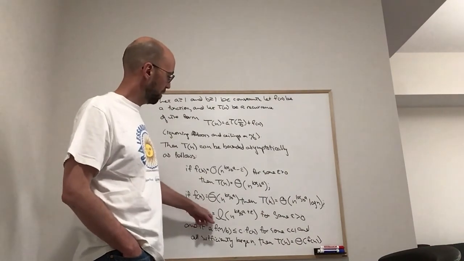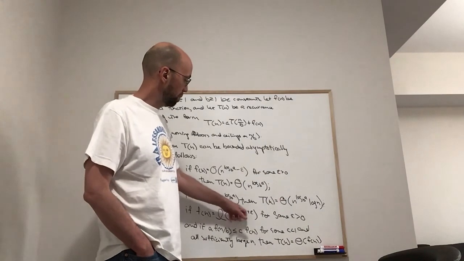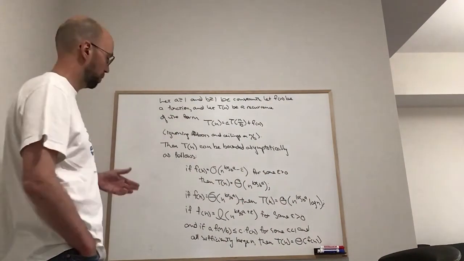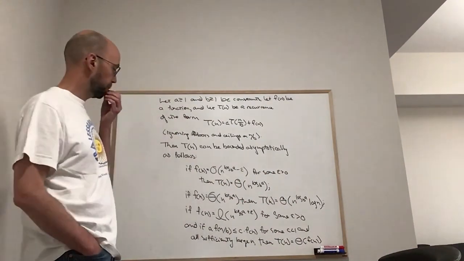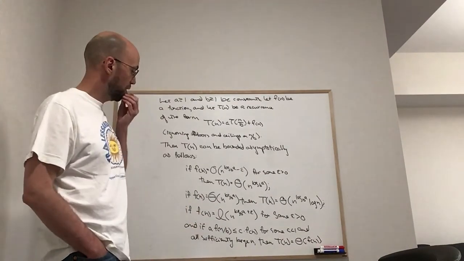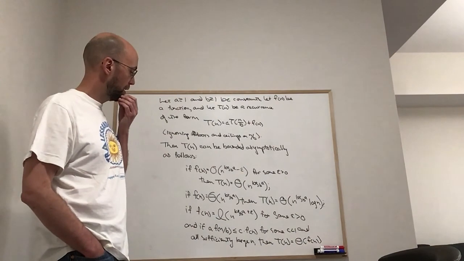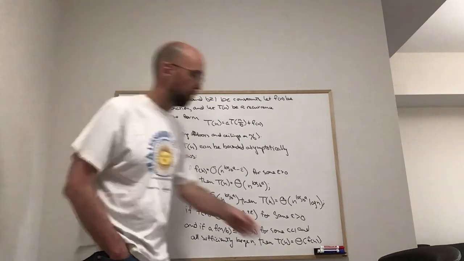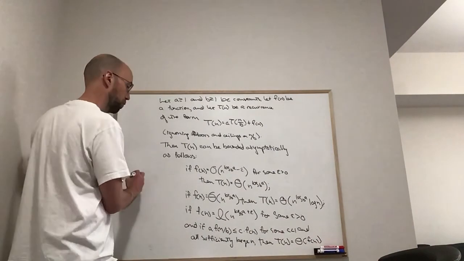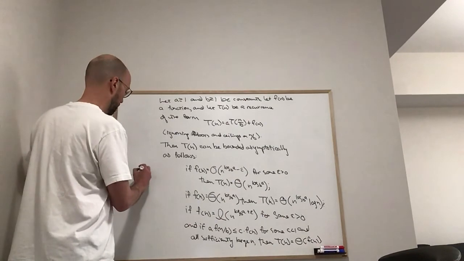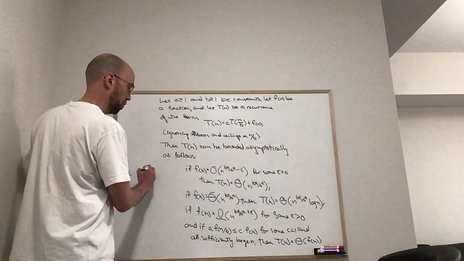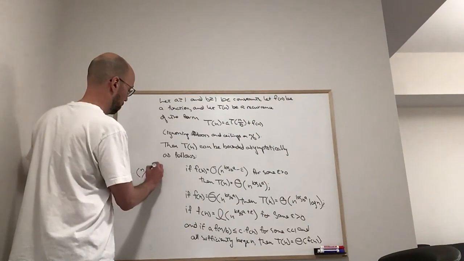f of n equals n squared is in n to the 1 plus epsilon for some positive constant epsilon, and then you have 2 times f of n over 2. So you have 2 times n over 2, squared.